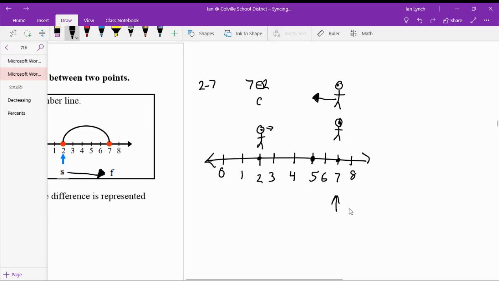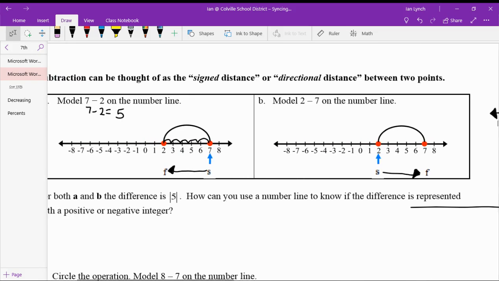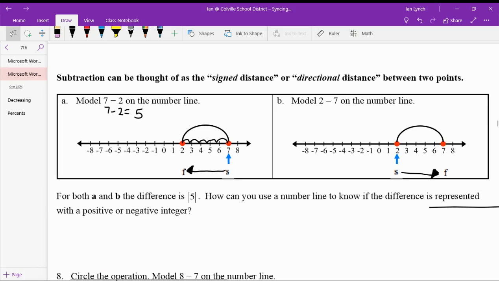So we're going to turn around and move 7 places in the negative direction. Now, I'll let you guys just think about what that means. Just think about that for a second. What does that mean?